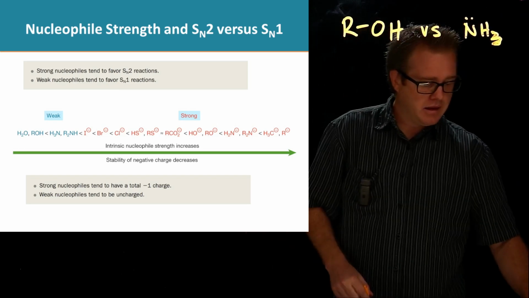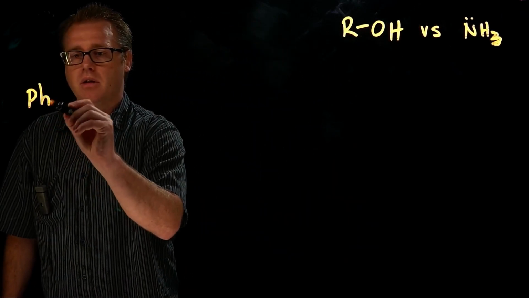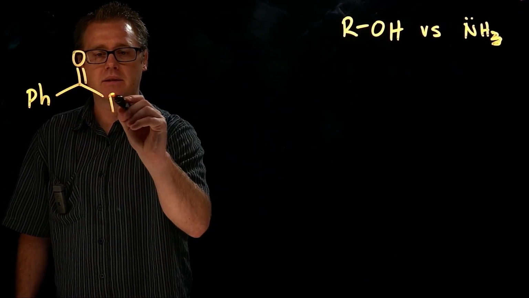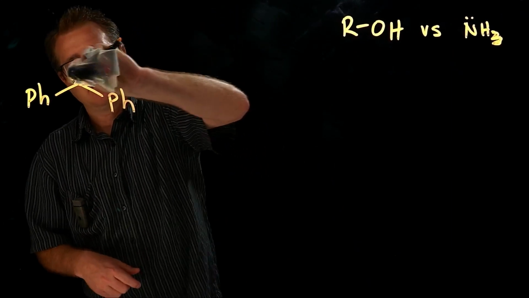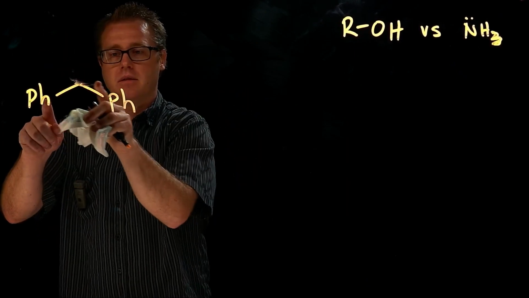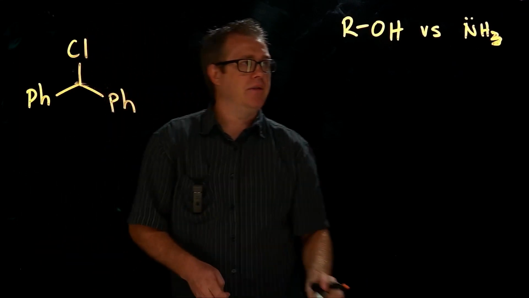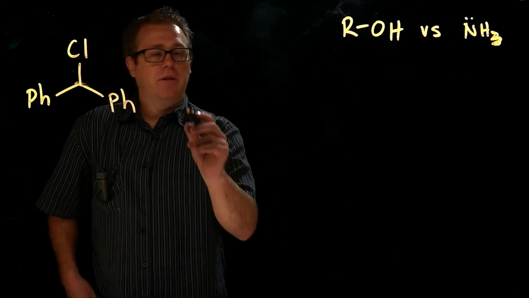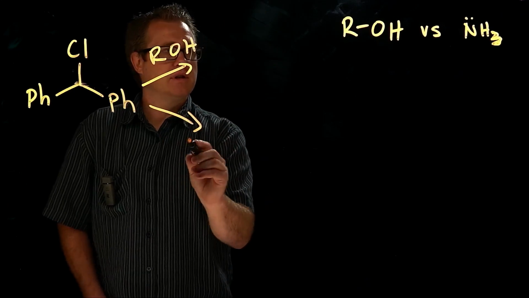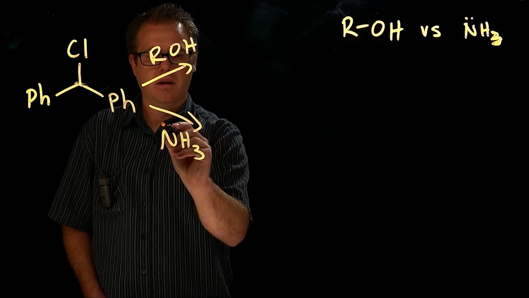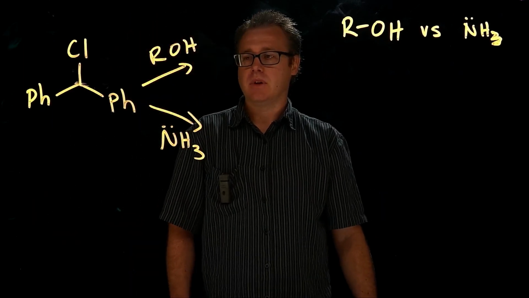When we take a look at a reaction here, let's do a molecule that looks like this. Put a chlorine here, actually. We need a good leaving group. Now, if we compare the ROH versus the amine, which one is going to go faster?